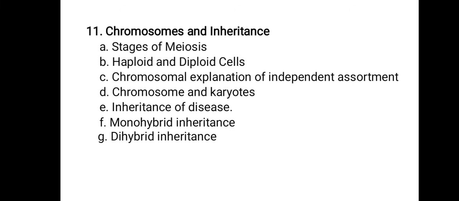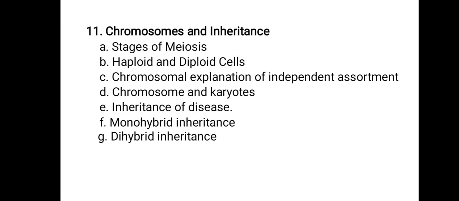And in B, we'll talk about haploid and diploid cells. C, we'll talk about chromosomal explanation of independent assortment. D, we'll discuss chromosomes and karyotypes.